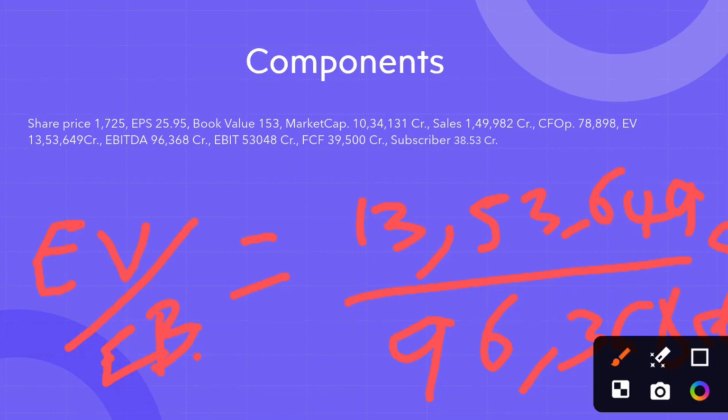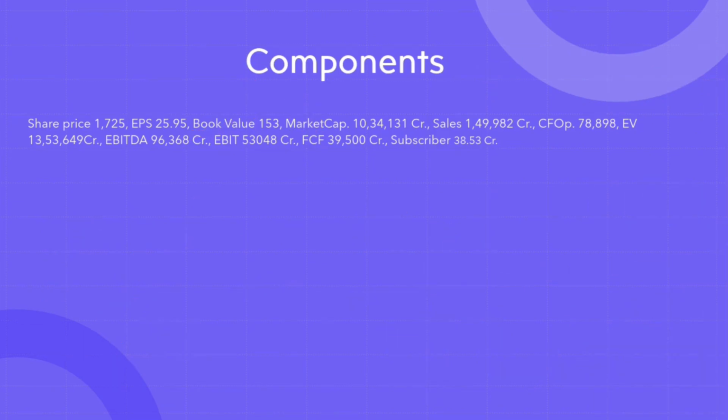All these amounts are in crores. So we get the enterprise value by EBITDA as 14.05. It should also be under 10, which is considered better, but as I said, it varies from industry to industry.